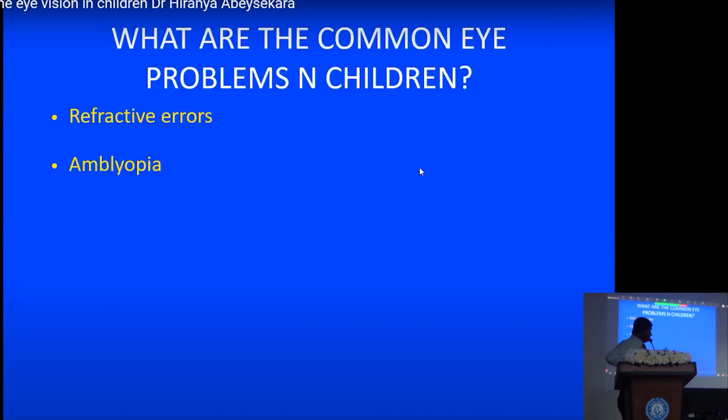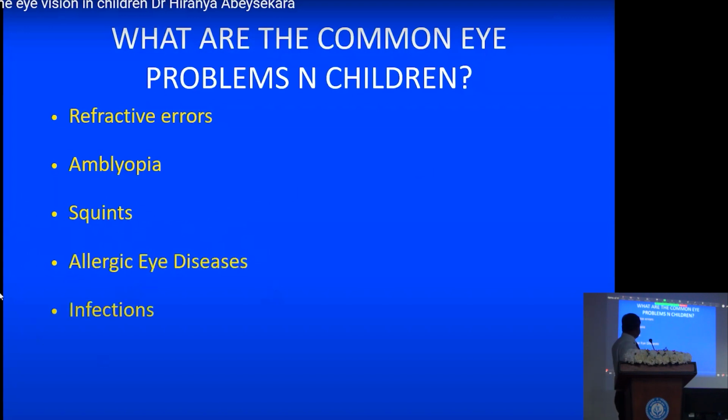So, what are the common eye problems in children? In our clinics, mostly children come to check their vision, children with refractive errors, and children we diagnose with amblyopia, which is reduced vision following any cause of reduced vision. Then children with squints; sometimes parents bring their child just to check whether the child has a squint.